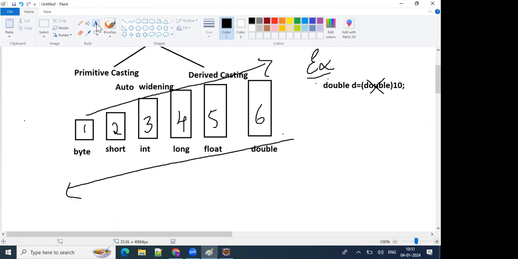In widening, conversion happens implicitly, so it is also called auto widening.